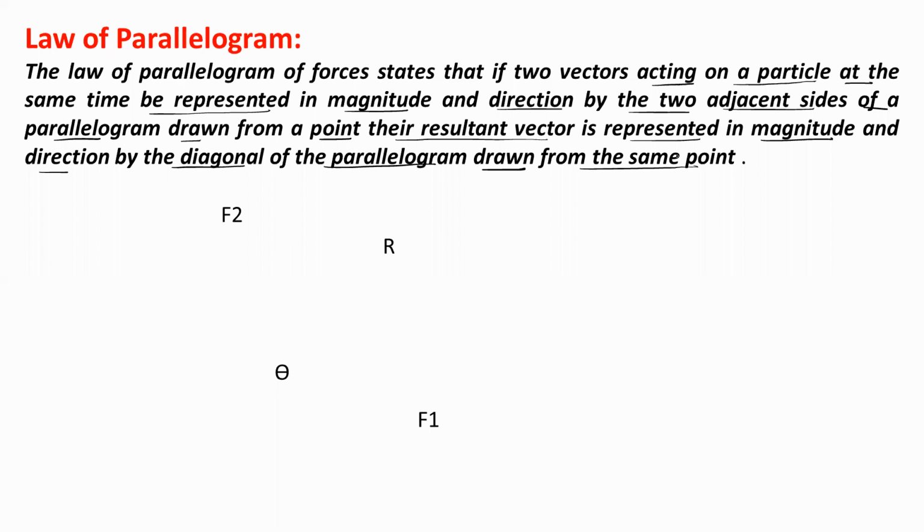So what is the meaning? Suppose we have one point and there are two forces simultaneously acting at the same point. One is the vector F1, and the second force is F2. These two forces are simultaneously acting at a single point as shown in the figure.